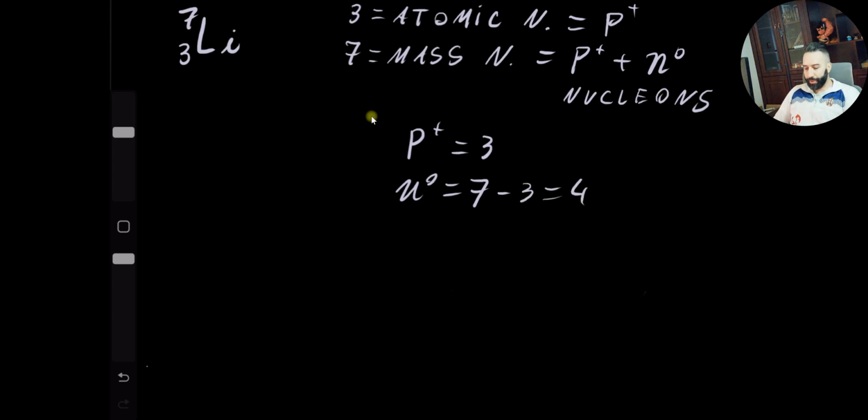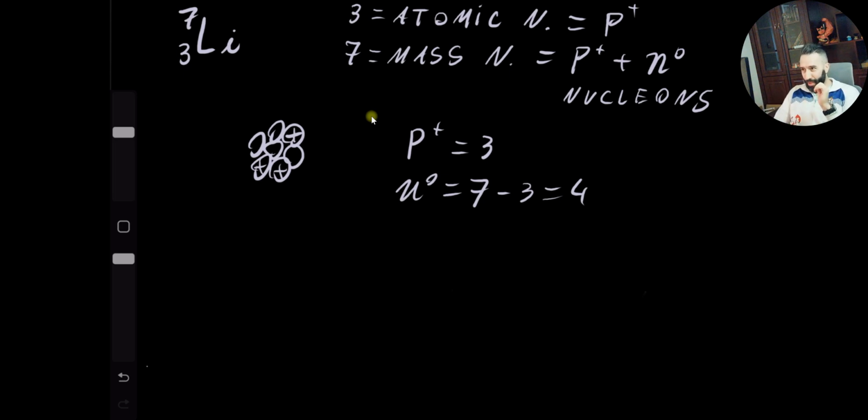If we want to draw this, it's simple. We'll have 7 nucleons, and 3 of these would be positive, would be protons. So it's very easy, by using these two numbers, to have a picture in your head of what the nucleus of this element actually looks like.